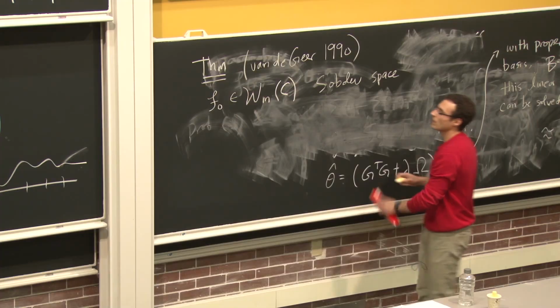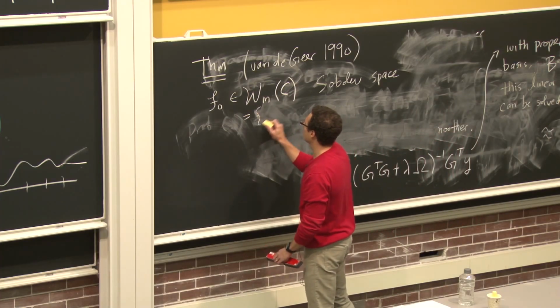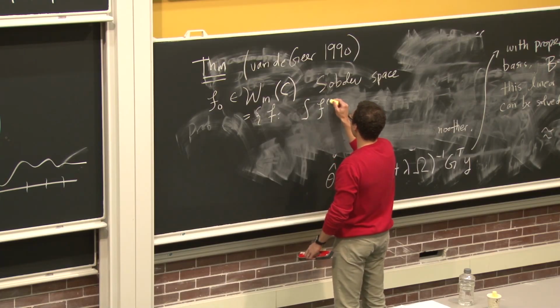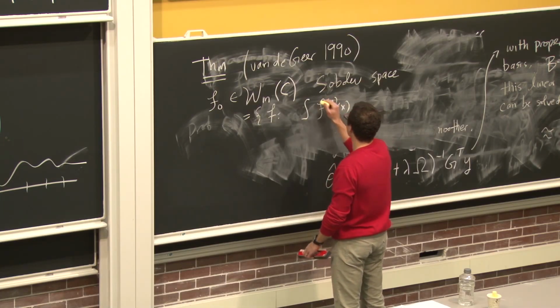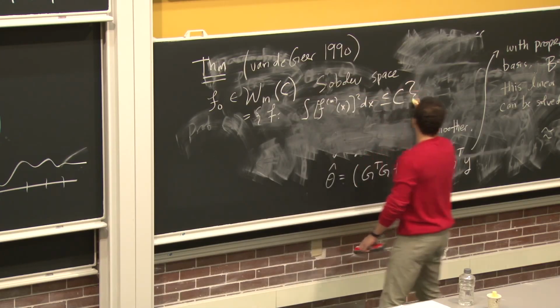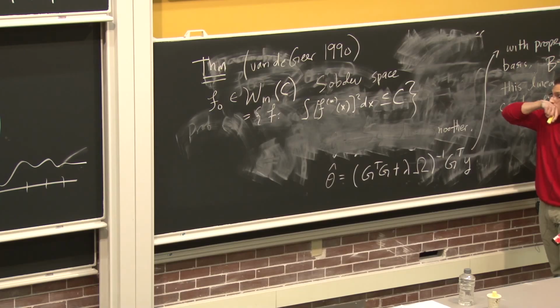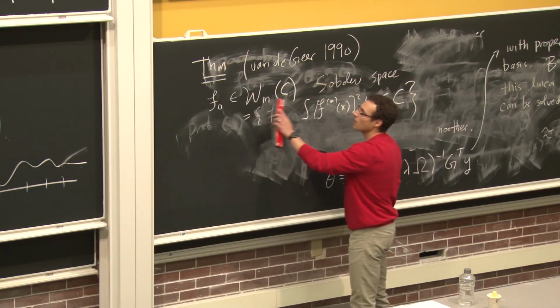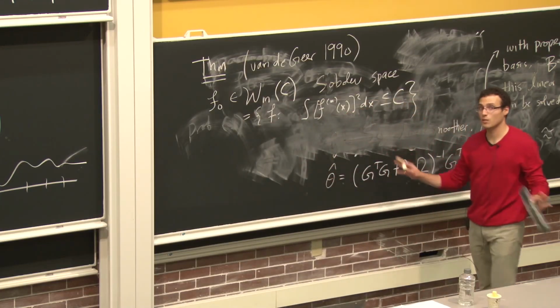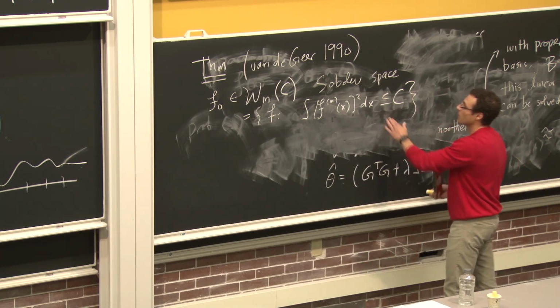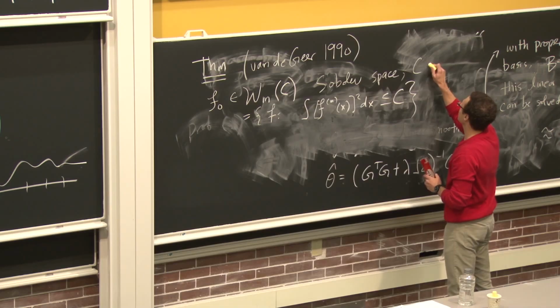Just real quick, this is the space of all functions with the property that if I take m derivatives, square it, and integrate it, then that's less than or equal to c. So she proved that if f0 is in the Sobolev space, it means the true function we're trying to estimate has m derivatives, and its complexity, according to this measure, is bounded by c, where c is a constant.